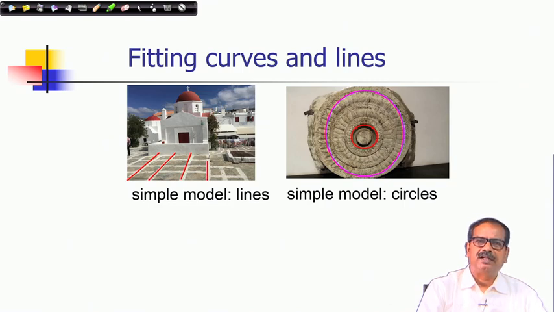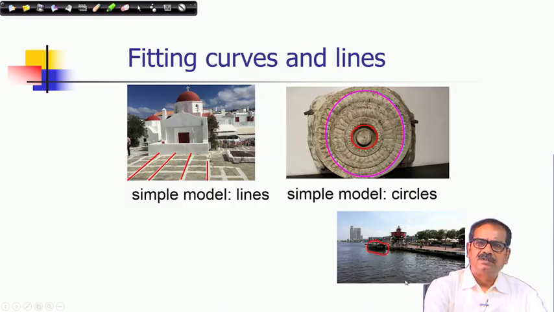As I have shown, given a set of points, you may have to find the lines which could be formed by those points. So, the model is that those points lie on a particular line, and you are describing that line by its parametric form. It could be a circle, or it could be any arbitrary shape.